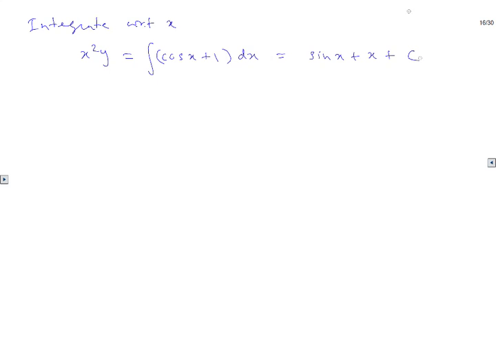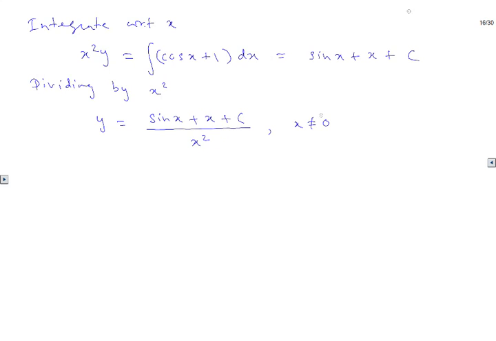Now we can solve for y. We divide both sides by x², and we get y equals sine x plus x plus c, over x². We assume that x is not equal to 0, and you can see that's a solution.